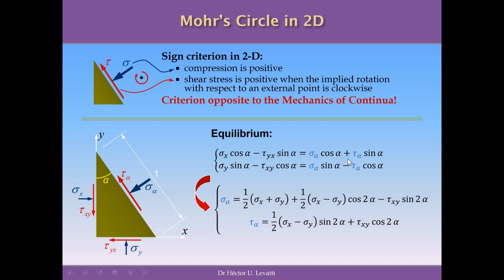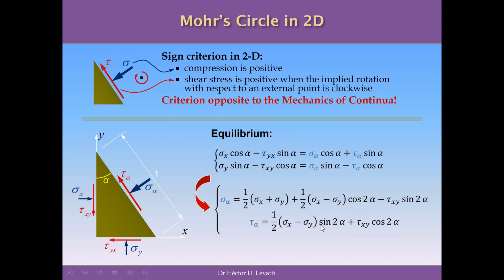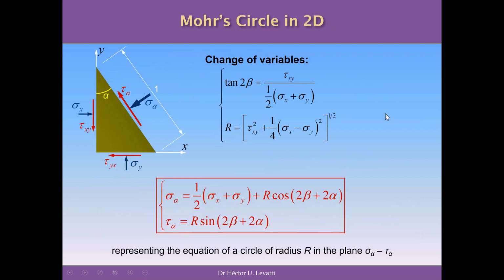Doing that and working out the equilibrium in the x direction and in the y direction, we come up with these equations that are the equation of a circle. It's not that clear that this is an equation of a circle, but if you work out and you do some change of variables, you can realize that these equations are actually the equation of a circle.